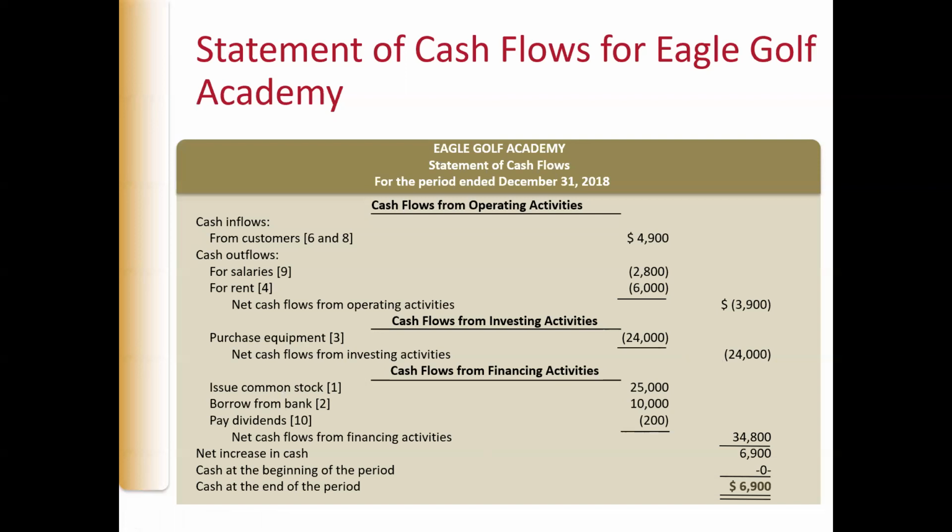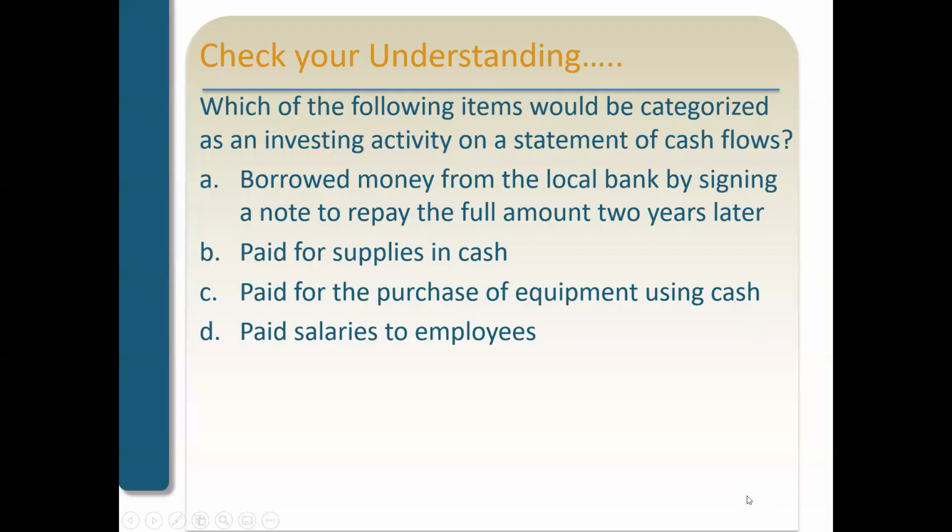So net cash flows from financing is a plus 34,800. When we add the 3 together, we have 6,900 in cash. Cash at the end of the period is 6,900.